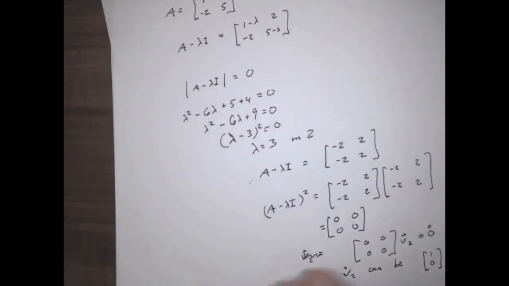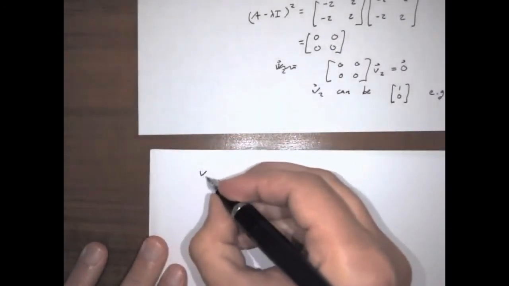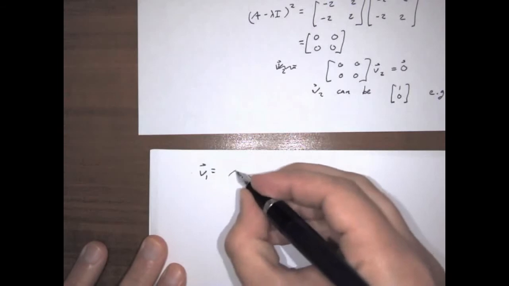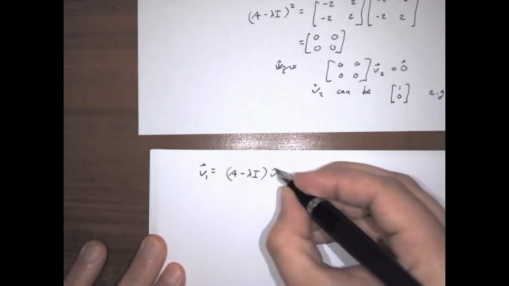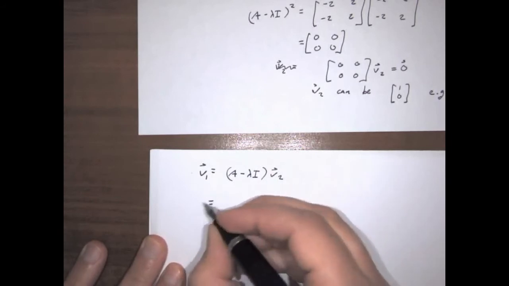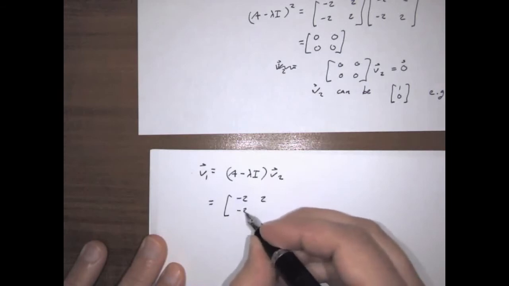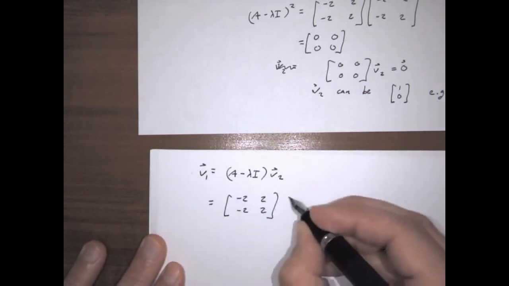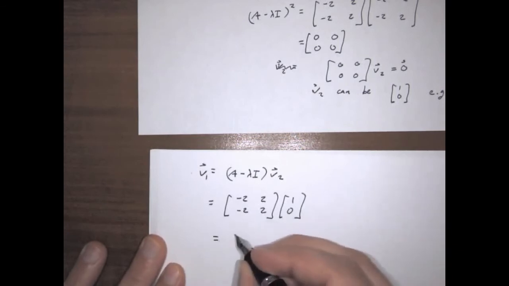Okay, so then, if that is our V2, then it's up to us now to find the V1 that we get by multiplying A minus lambda I times that. So that is going to be the negative 2, 2, negative 2, 2 times 1, 0, which is just going to be negative 2, negative 2.